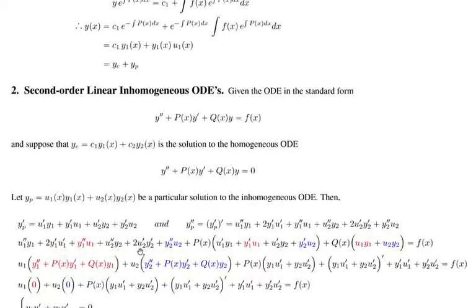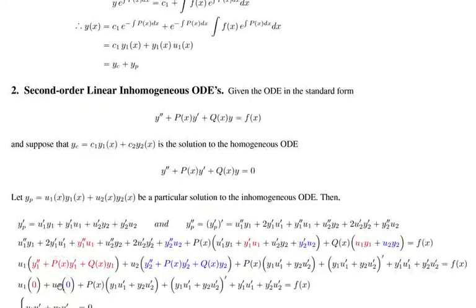Similarly, if I take this term, u2 prime y2 prime, this is nothing but u2 prime times y2, all differentiated. So I added those two terms in here, and I'm left with one term, u2 prime y2 prime, and u1 prime y1 prime. I add them in here, and all this is equal to f of x.